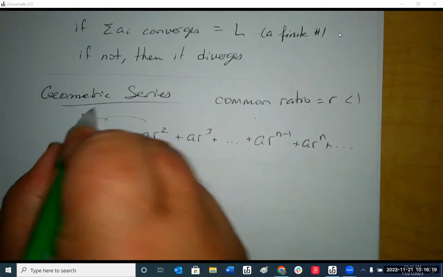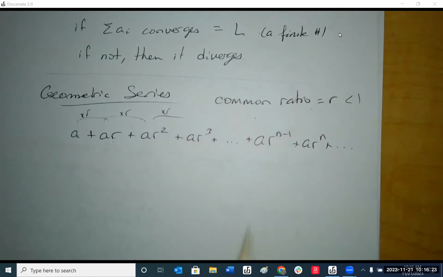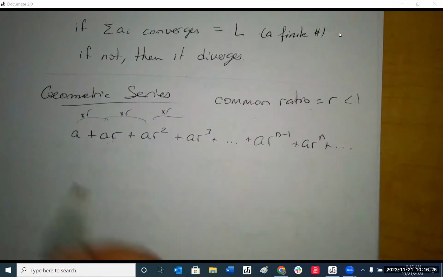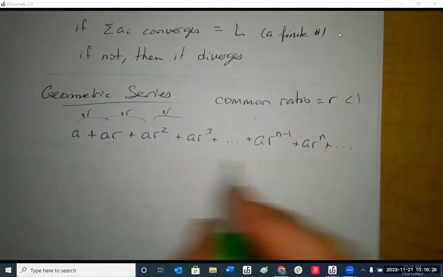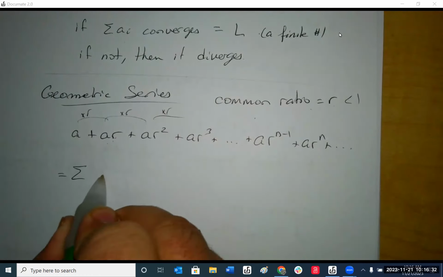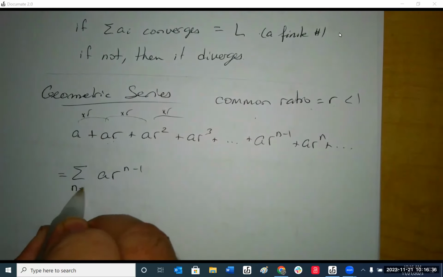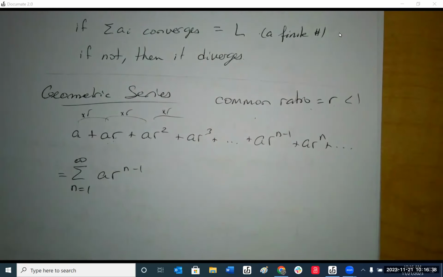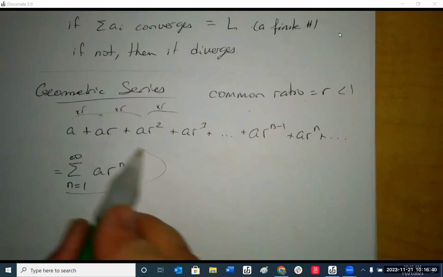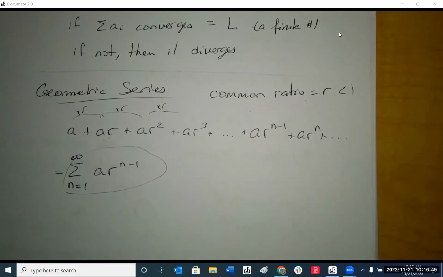So we multiply by R each time. So that's where we have our formula: the summation of A R to the n minus 1, where n equals 1 to infinity. This is a geometric series. All right, so that's what we're going to be looking at in this first part.